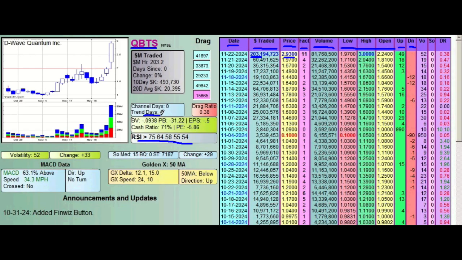The number of trend days here is 4, so she's been in a 4-day uptrend. And we also have StockTwits number of followers right here, and also book value, price to book ratio, EPS, cash ratio, and PE for the stock.